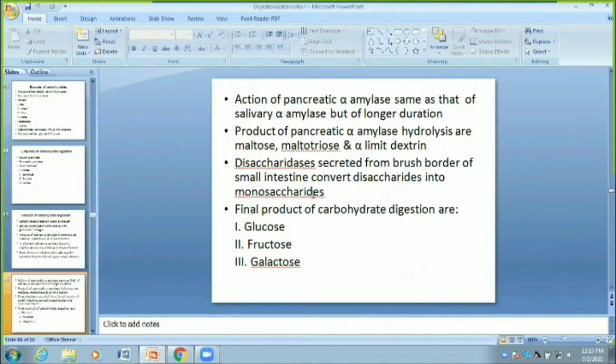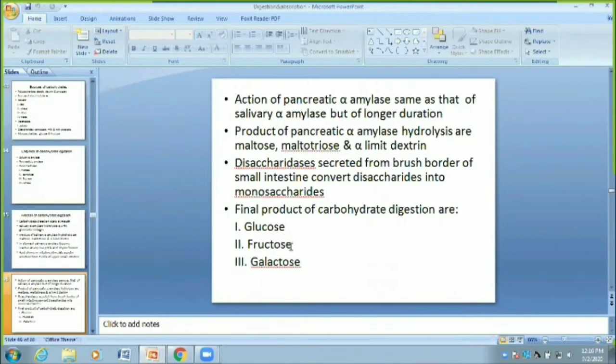The disaccharidases include maltase, isomaltase, sucrase, lactase. Ultimately, the final products are glucose, fructose, galactose. These are monosaccharides. Mind it. Glucose, fructose, galactose. Is it clear?